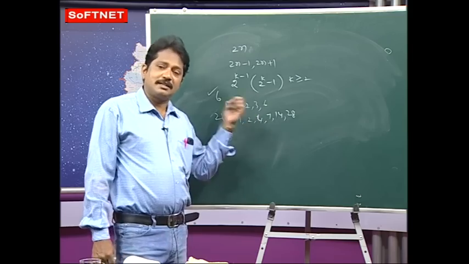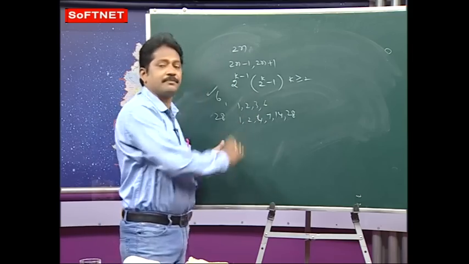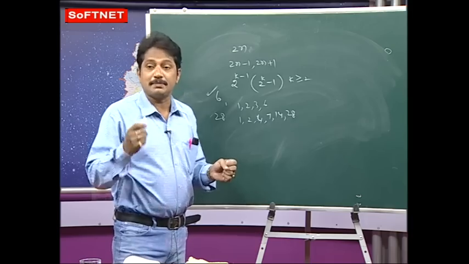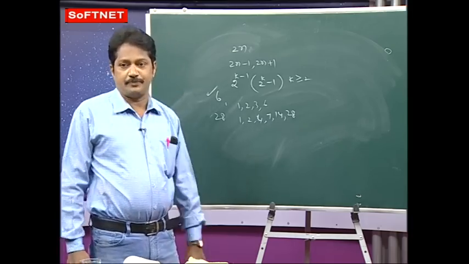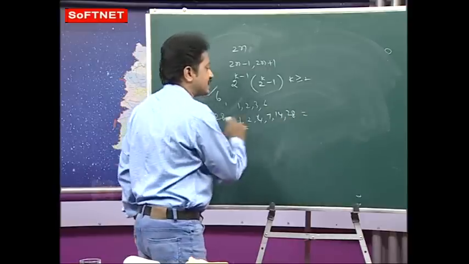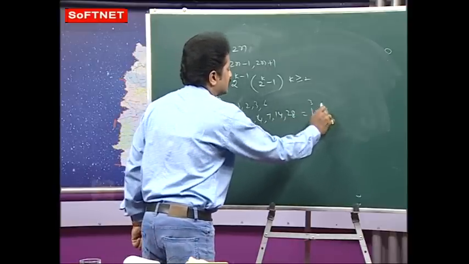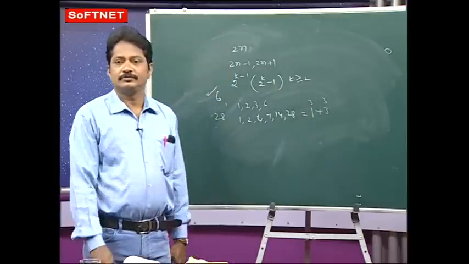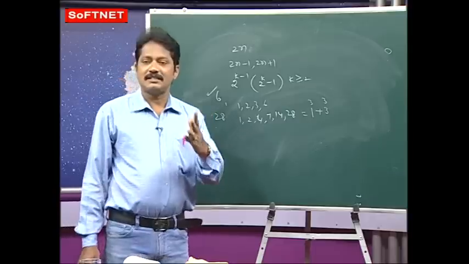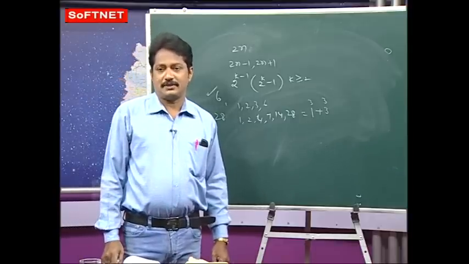The beauty of these numbers is, other than 6, the perfect number can be expressed as a sum of cubes. So 28 you can write as 1 cube plus 3 cube. Clear? That's the beauty of these numbers.